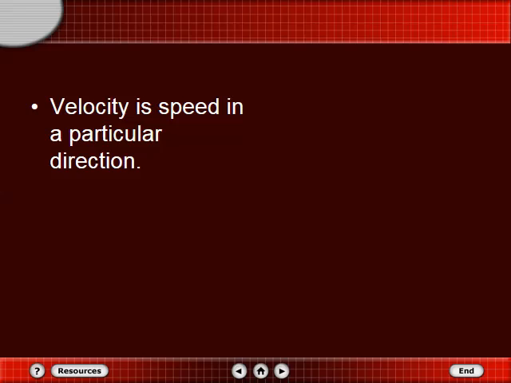So the first thing to understand is that velocity, return to P1, is speed in a particular direction. That's important. Speed doesn't have direction, velocity does. So let's say you are travelling at a speed of 2 meters per second in that particular direction, and you then changed your direction slightly, so you're moving in that direction. Sorry, I'll draw that a bit better.